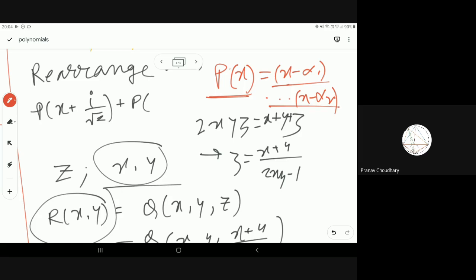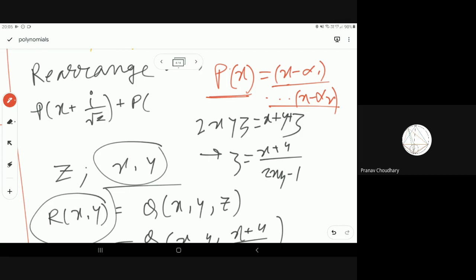And I am telling you that p of x is 0 for all real numbers. If x is real, p of x is 0, so it has infinitely many roots, right? Then p of x must be identically 0, right? It's basically completely the same case when you have two variables.